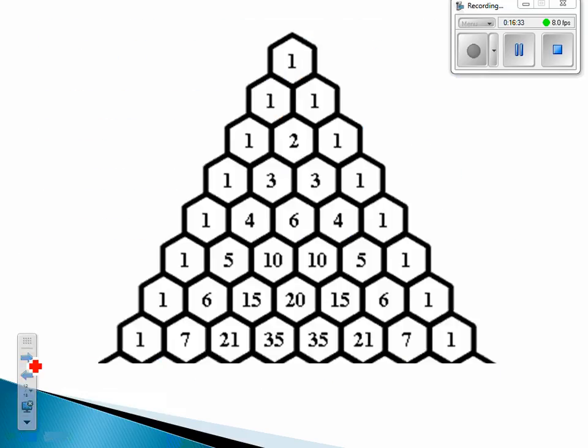Now this is what it looks like if we go ahead and fill it all in. Now remember, the star at the top of our Christmas tree, this guy, that's row 0. Then row 1, row 2, and so on. That's one big thing that people mess up.